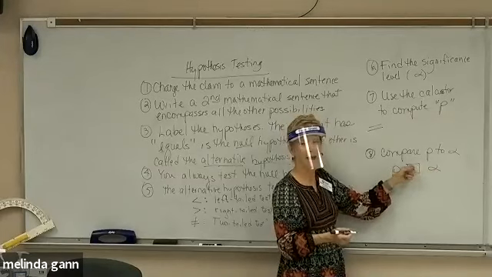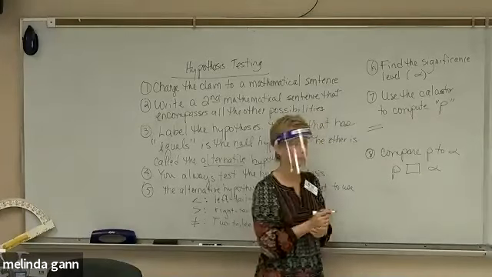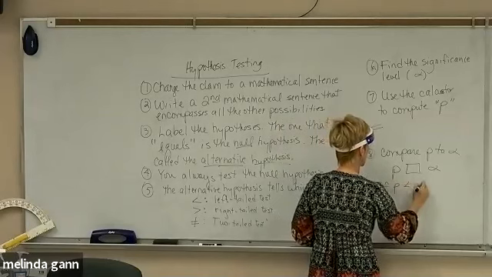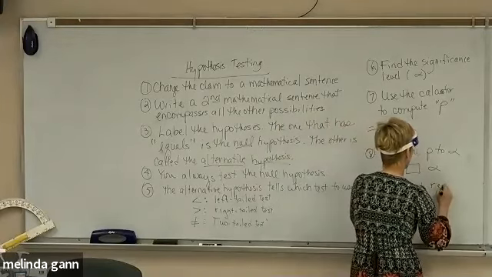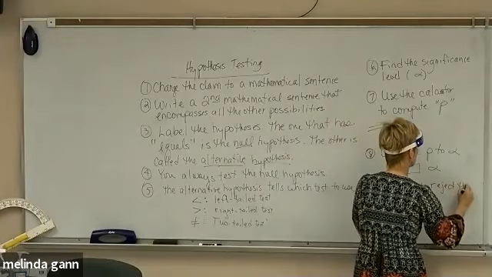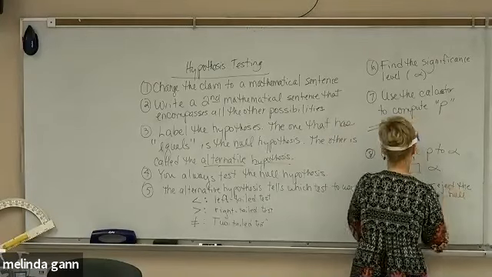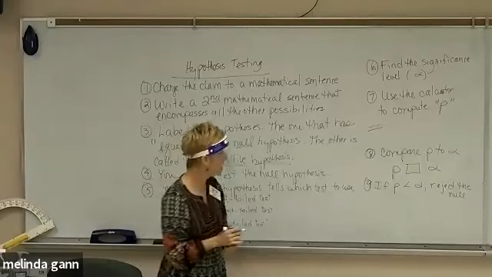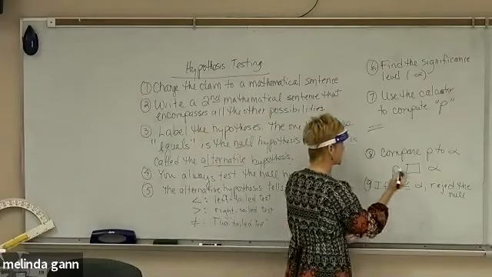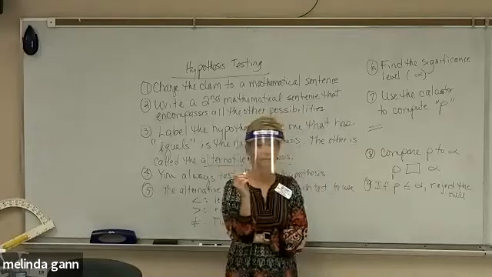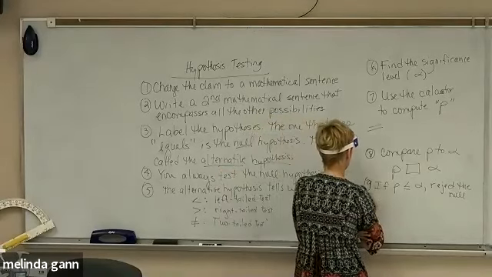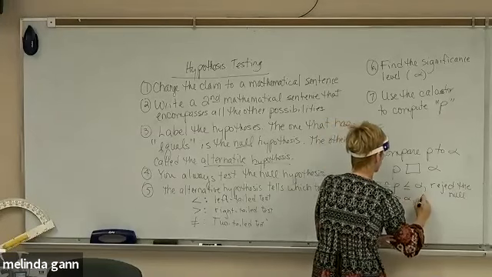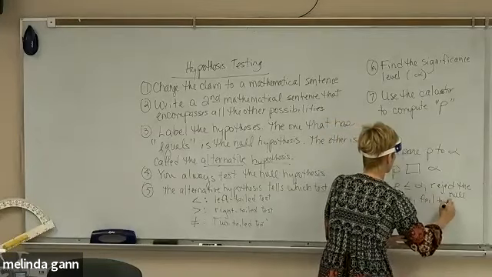So you're going to put the correct symbol in that box. Okay? If P is less than alpha, you're going to reject the null. All right? If P is less than alpha, you're going to reject the null. Now, I'm going to put less than or equal to. I think your book puts less than or equal to. If P is bigger than alpha, you're going to fail to reject the null.